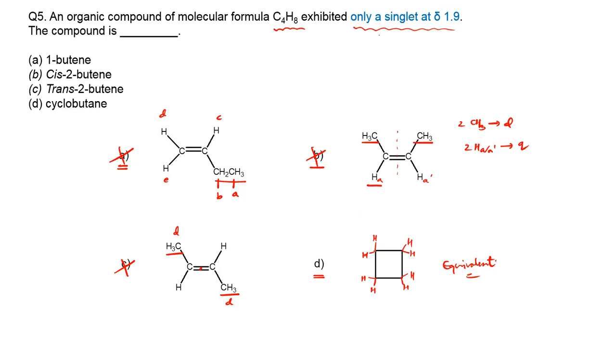Here the difference in chemical shift is zero. So therefore, this set of four CH2s, that is the total eight protons, will give a singlet. So the correct answer for question 5 is option B.